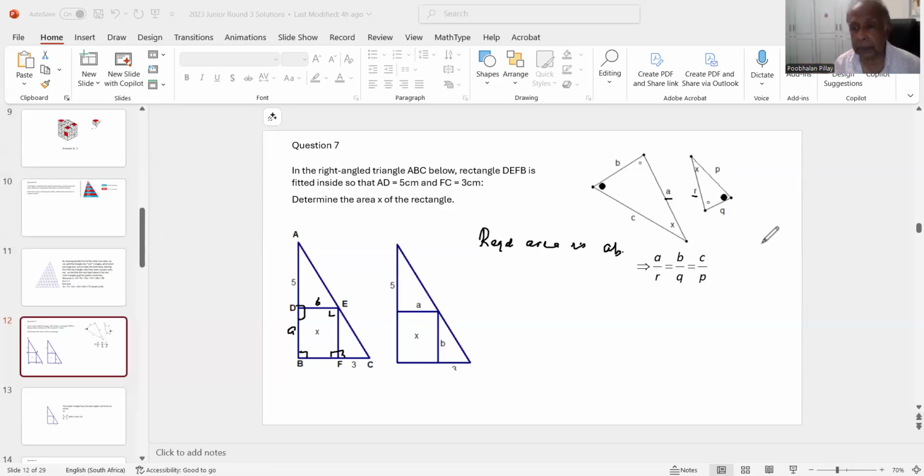But if you take the ratio A over R, now you can see the small one was blown up to get this. So the blowing up ratio is A over R. If this is 5 and this is 15, then the ratio is 3. You have to multiply this by 3 to get to that.